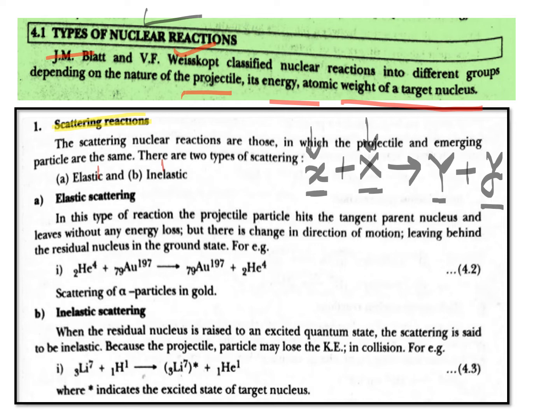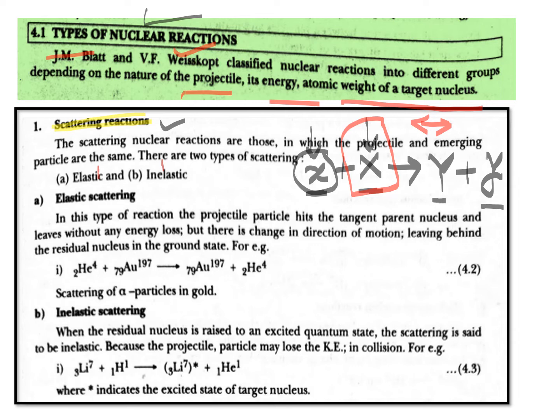On the basis of that, the scattering reaction is divided into two types, elastic and inelastic. See what happens in elastic scattering. When the projectile is bombarded on the target nucleus, only scattering occurs, with no exchange of energy.